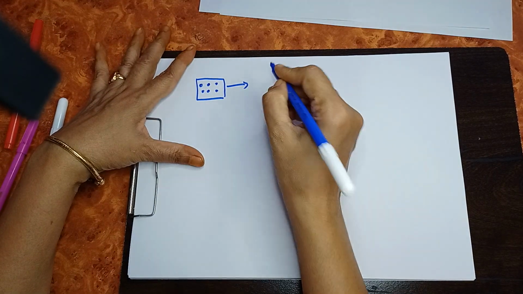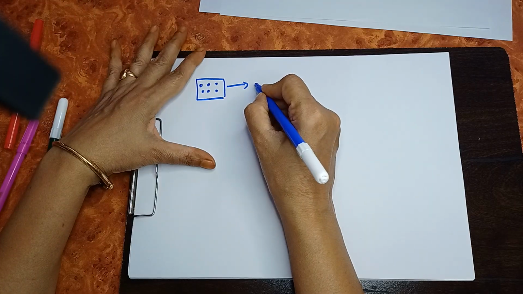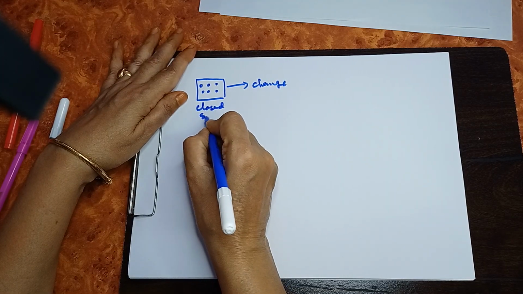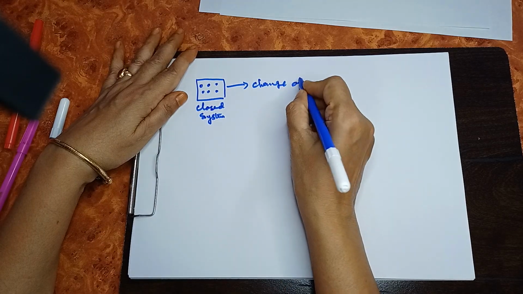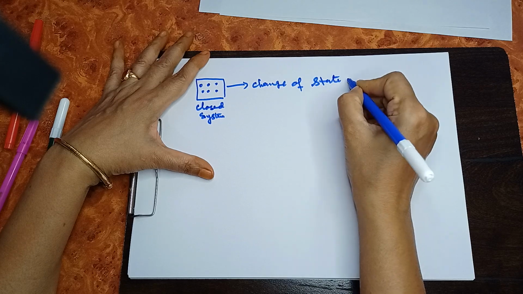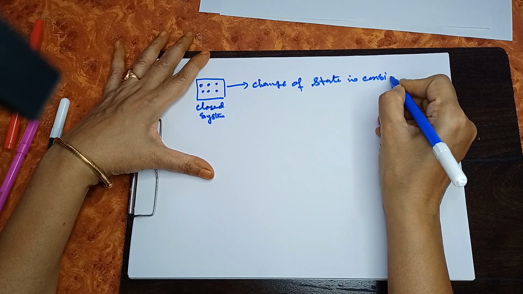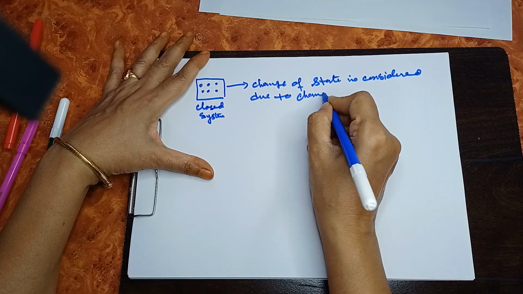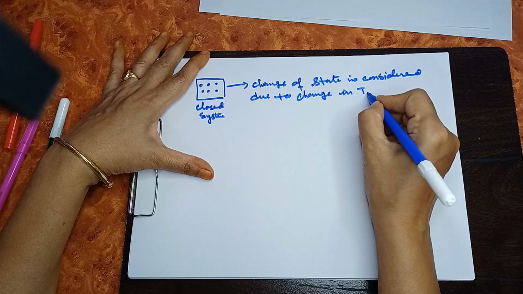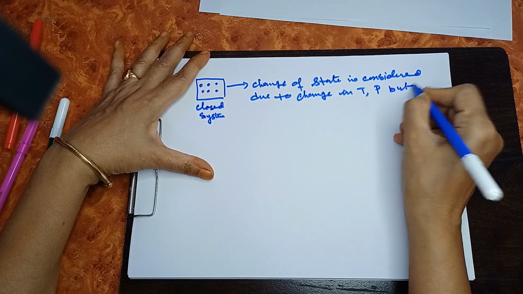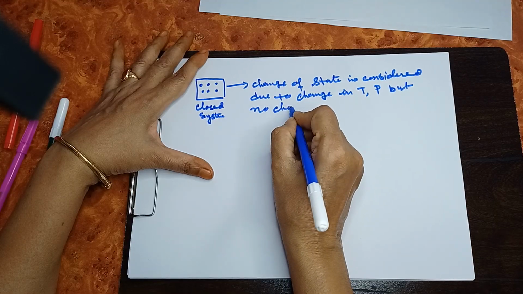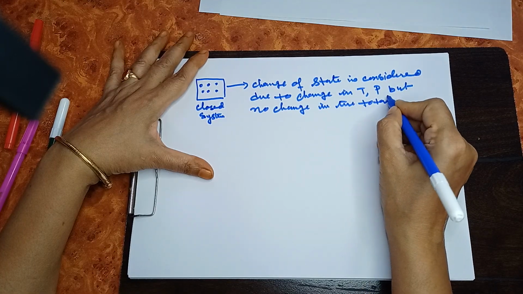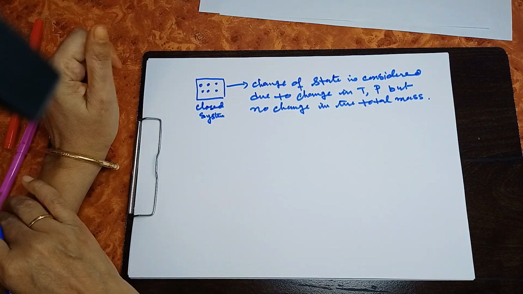So here what we observe is the change of state, due to change in temperature, pressure, but no change in the total mass, because it is a closed system.